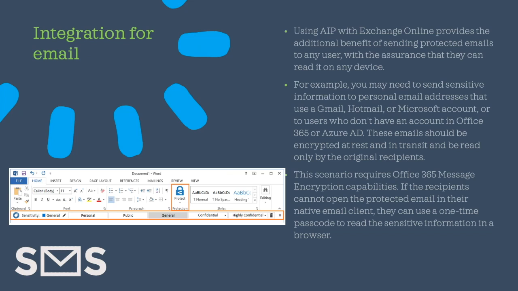Within Outlook itself, as you can see on the diagram on screen, there's an option that says protect, and then you can see several tabs across the top: personal, public, general, etc. You can specify the sensitivity of that particular email. So if there is sensitive information coming in, especially about legal cases, you can mark that mail as confidential, and only you can see it, or you can specify other people to see it as well, if it's other people involved in that particular case.